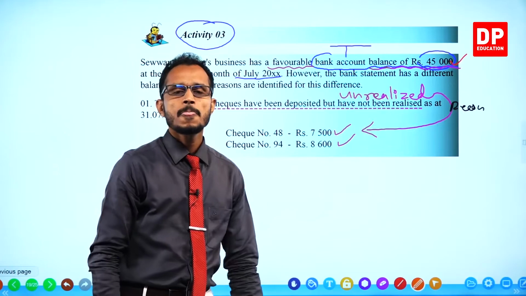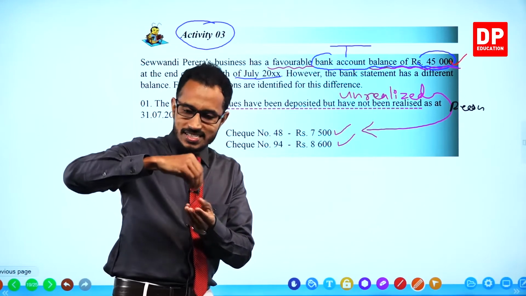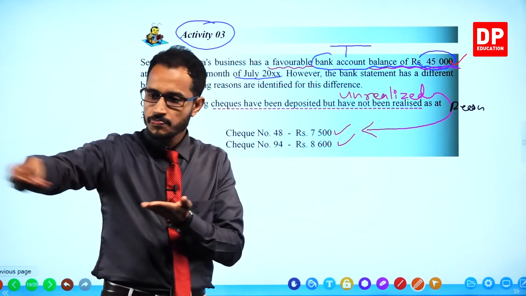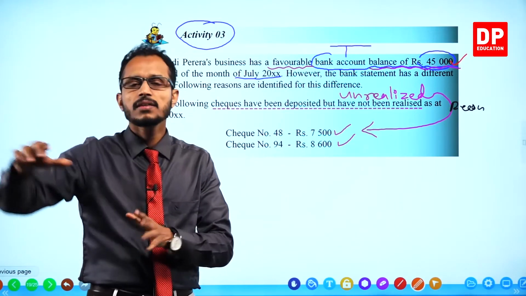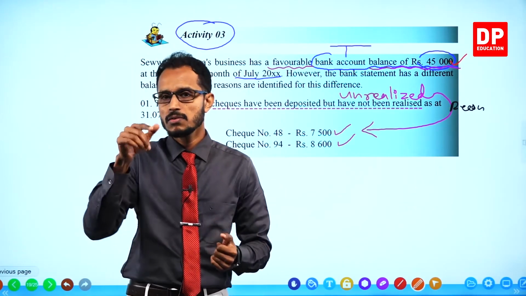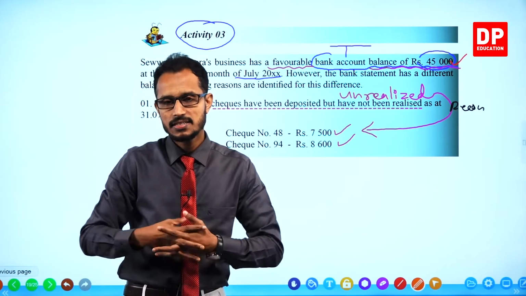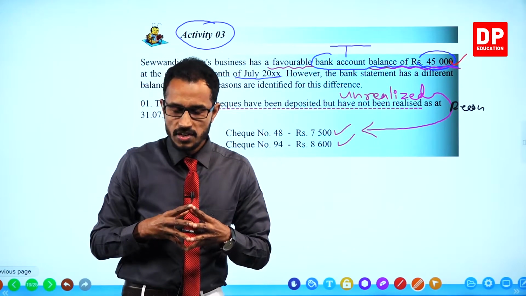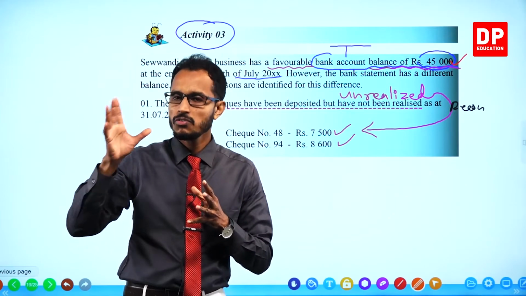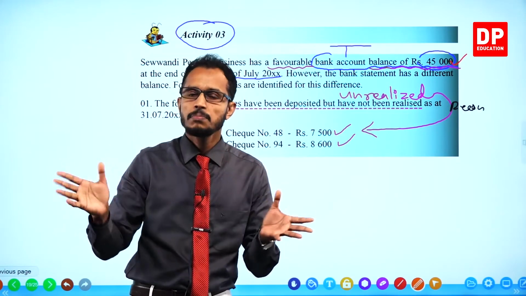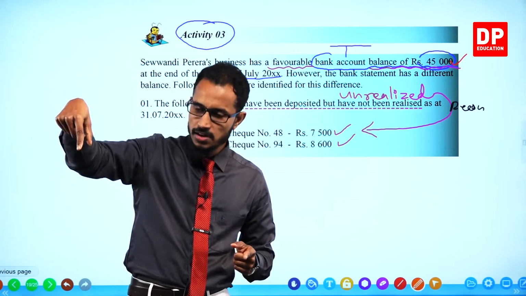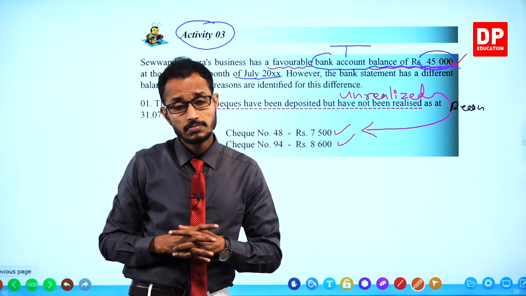Unrealized means we have deposited these checks in the bank account, but the bank has not yet realized these checks. In other words, the money of those checks has not yet been collected and added to our account.